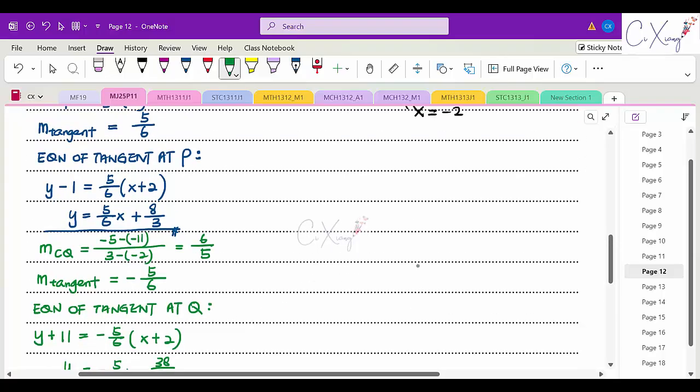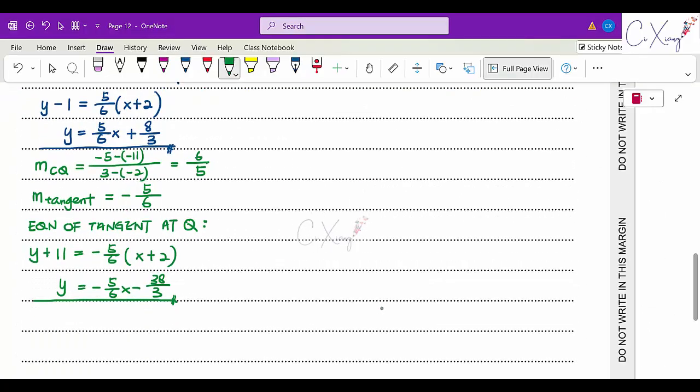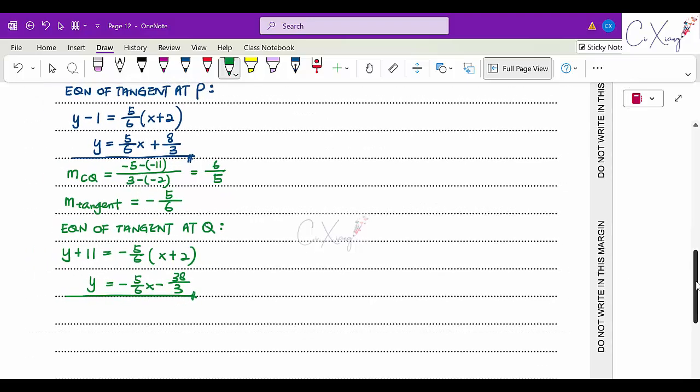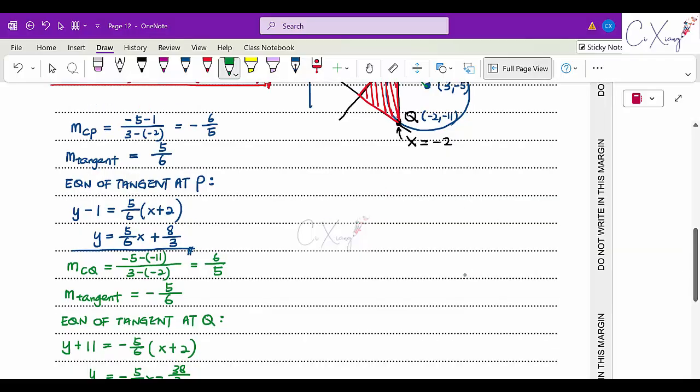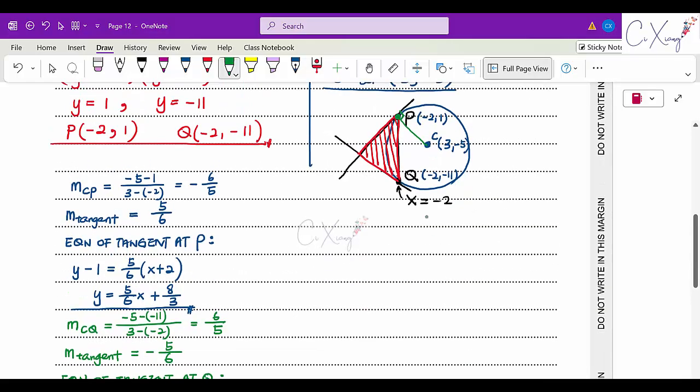Let us have a look. Why do we need to find out the equation of the tangent at point P and point Q? The main idea is that I want to find out the intersection point here, so that it is easier for me to calculate the area of the triangle later. So let's continue further.